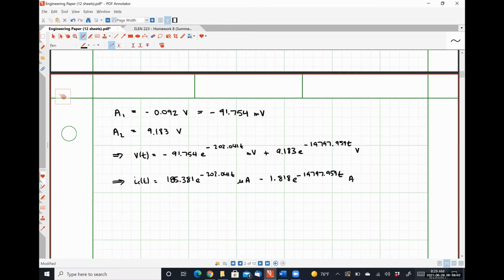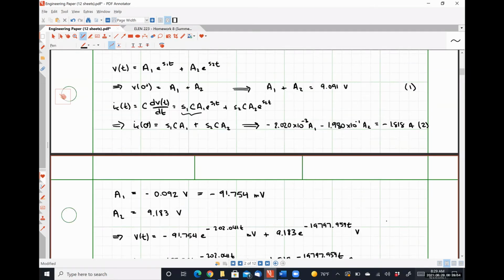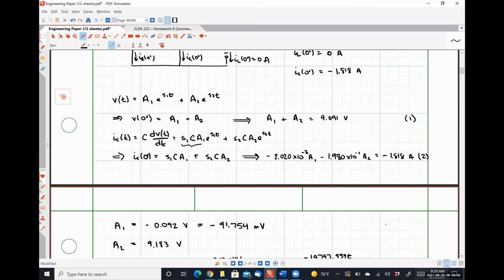Any other questions on this particular problem? For your ICT, you just multiply your S1, C, and A1 together? Yeah, so if I look at this equation right here, let me put a box around it. I know that my capacitor current, by definition, is just C times the derivative of my voltage.